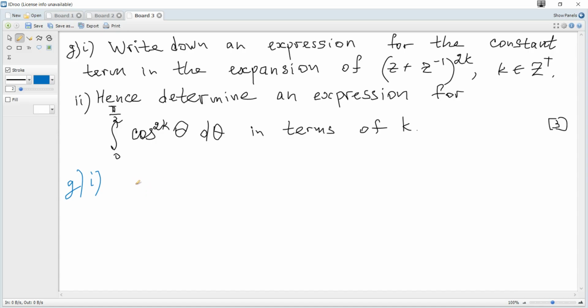So the constant term becomes combinations k out of 2k, and just using the formula for combinations, it's the greater factorial over the smaller factorial and the greater minus smaller factorial, which is just k factorial.